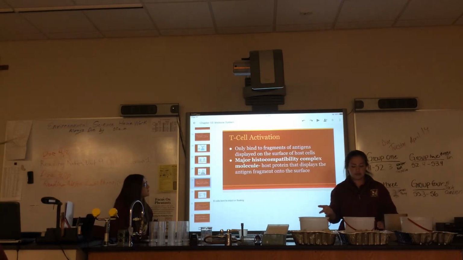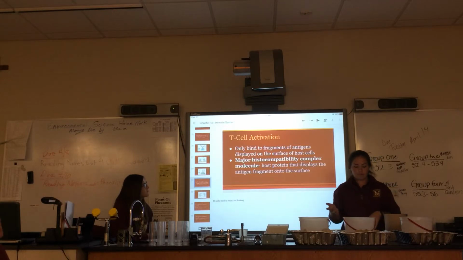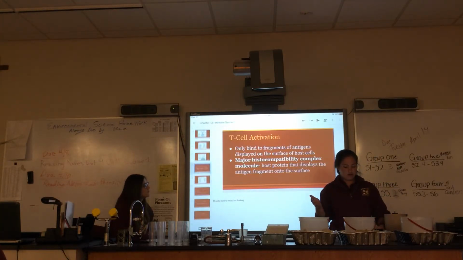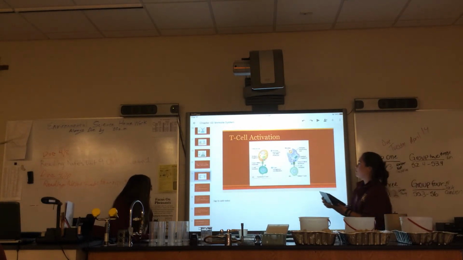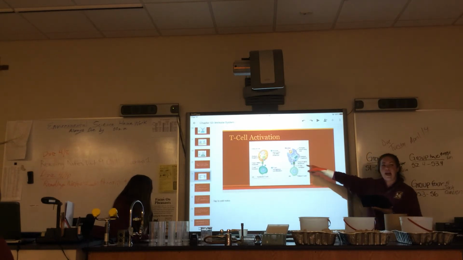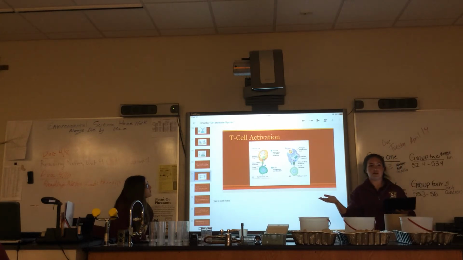The major histocompatibility complex proteins are the ones that display the antigen. As you can see in this diagram, the T cells are only going to bind to the antigens that are displayed by the MHC from the pathogen, and this disables the pathogen just like the B cell. Does anyone have questions on that?